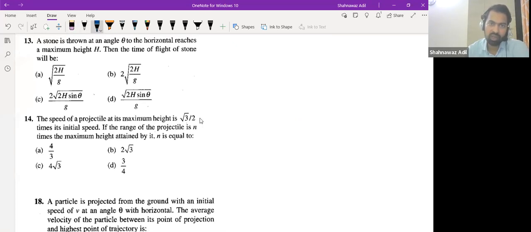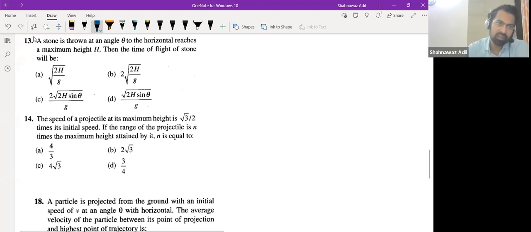Then the time of flight of the stone will be. Okay, so a stone is thrown at an angle theta to the horizontal and reaches a maximum height h. Then the time of flight of the stone would be? Remember, this answer is in the form of h and g, or sine theta also, right?